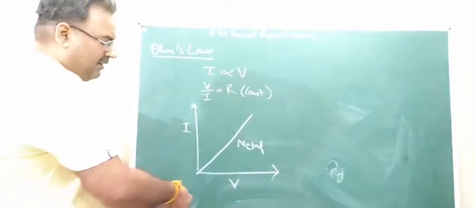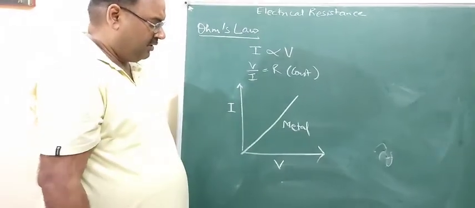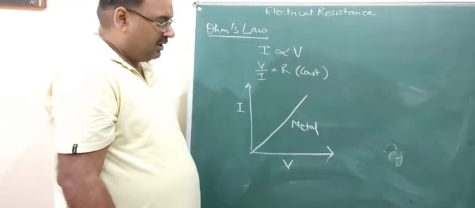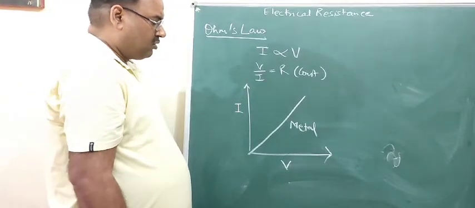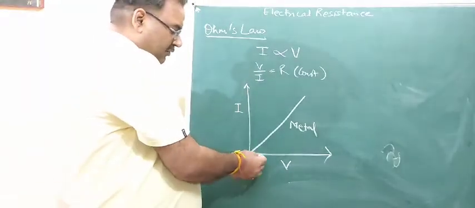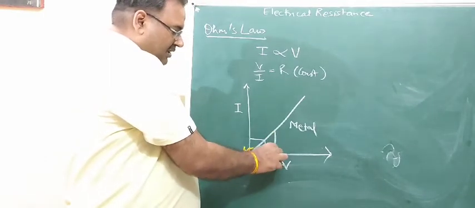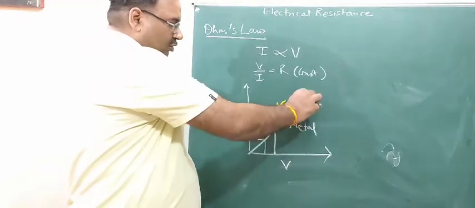If we draw a graph of I versus V, we can see that as the potential increases, the current increases.